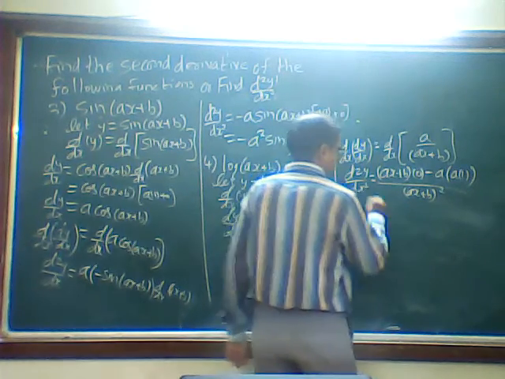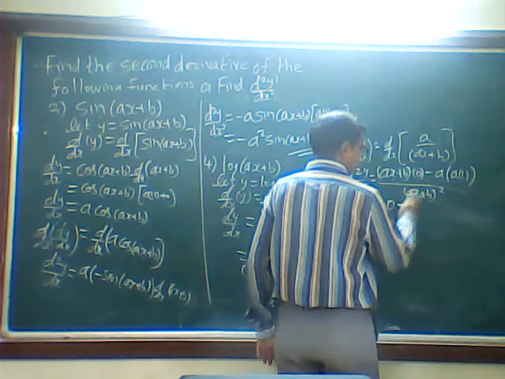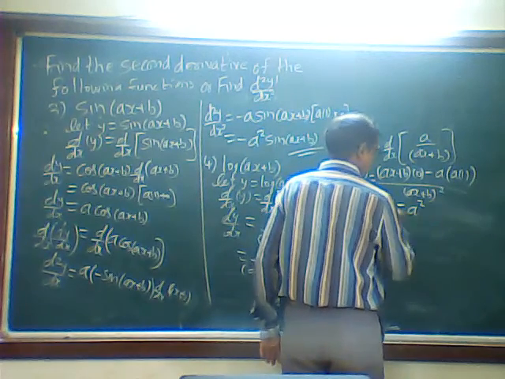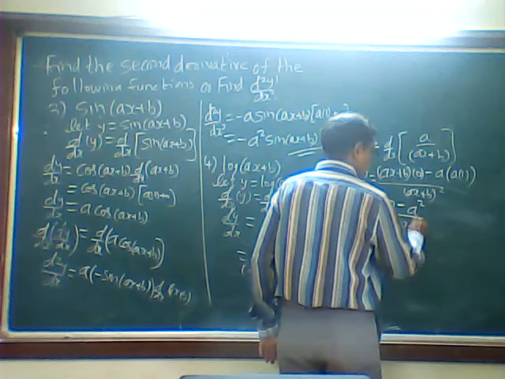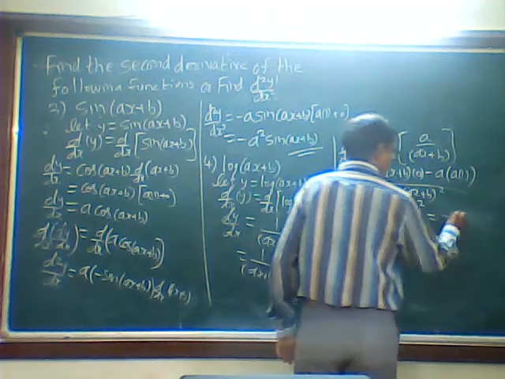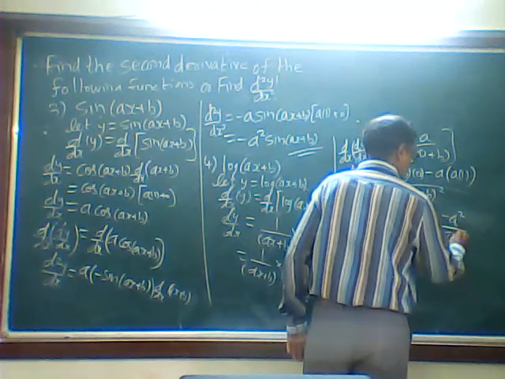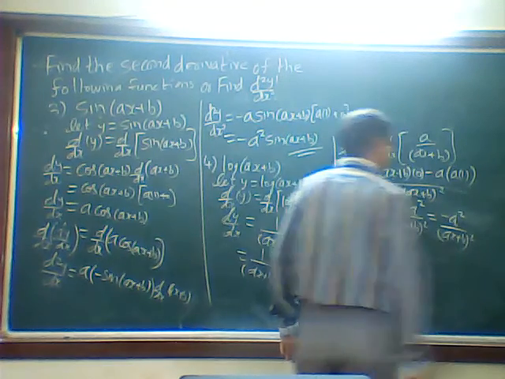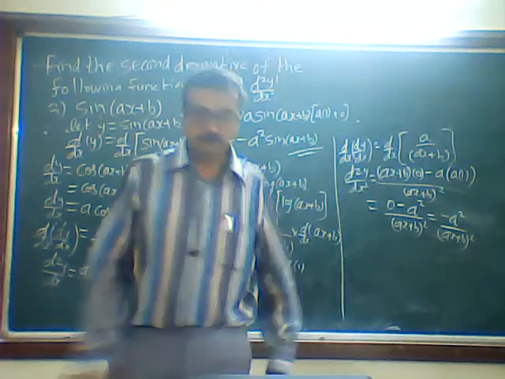So the result is minus a square upon ax plus b whole square.